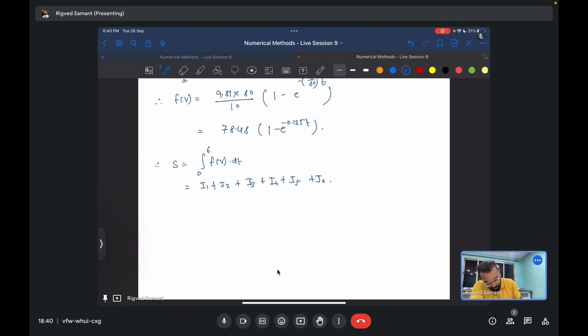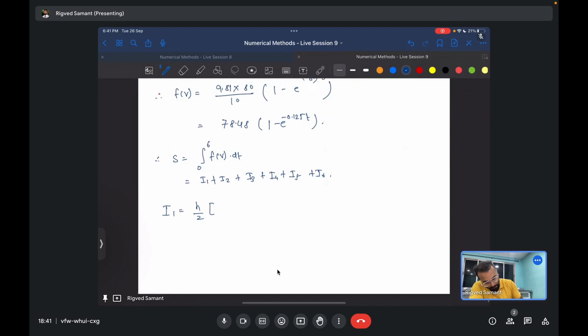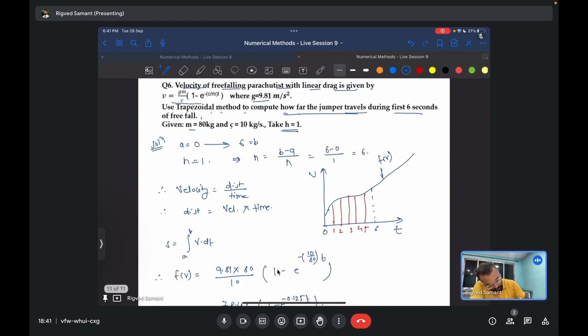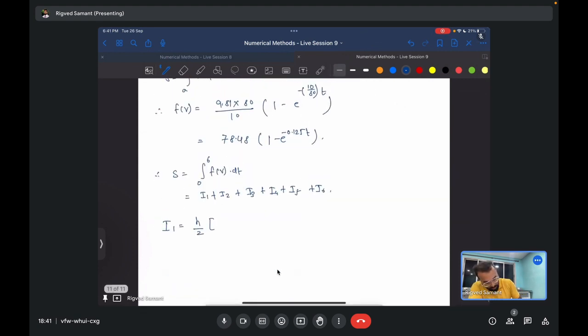What is I1, just for people who don't understand? It is H by 2. So what is your H? H you have already been given as 1. This is F1, F2, F3, F4, F5, F6, F7, right? So I1 is H by 2 times F1 plus F2.